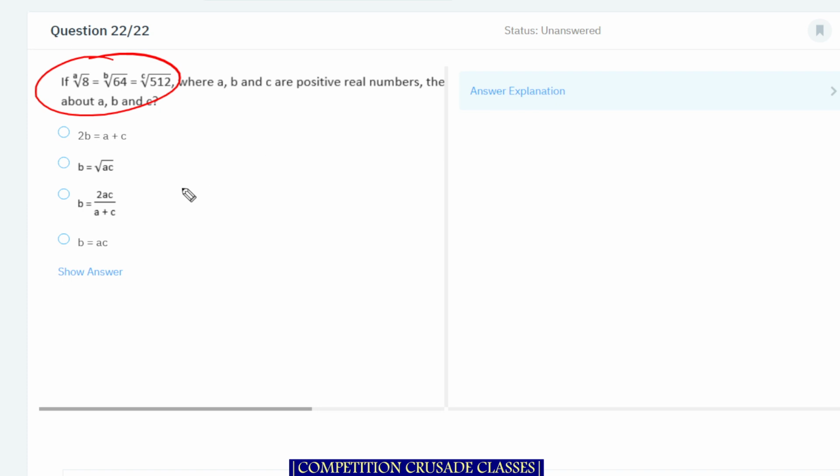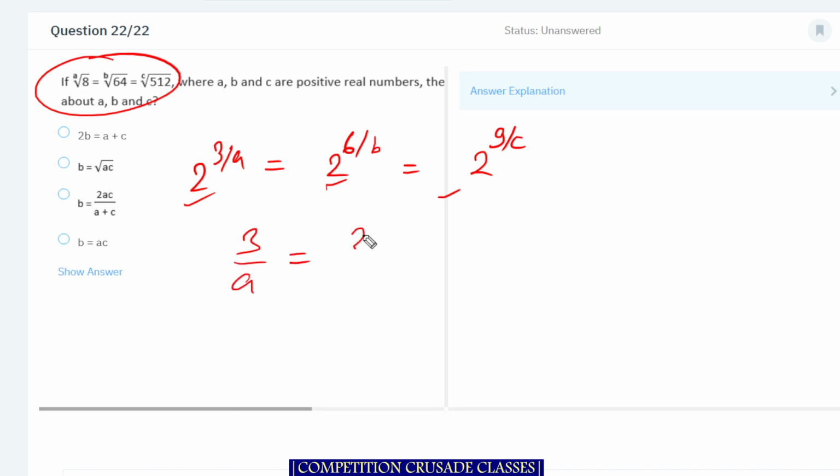One thing I can see straight away is that I can write 2 to the power 3 by a is equal to 2 to the 6th power, since 64 is 2 to the 6, 6th power of b, that is equal to 9th power of c. Now see, the radicals are all equal, so the exponents must be equal. In other words, 6 by b should be equal to 9 by c.